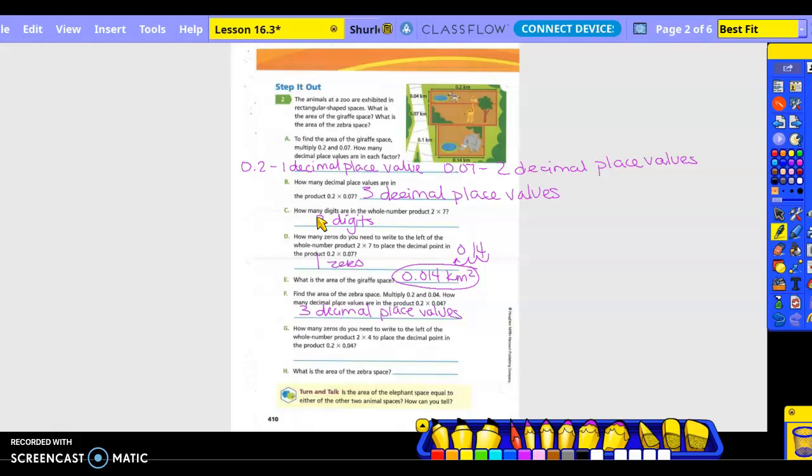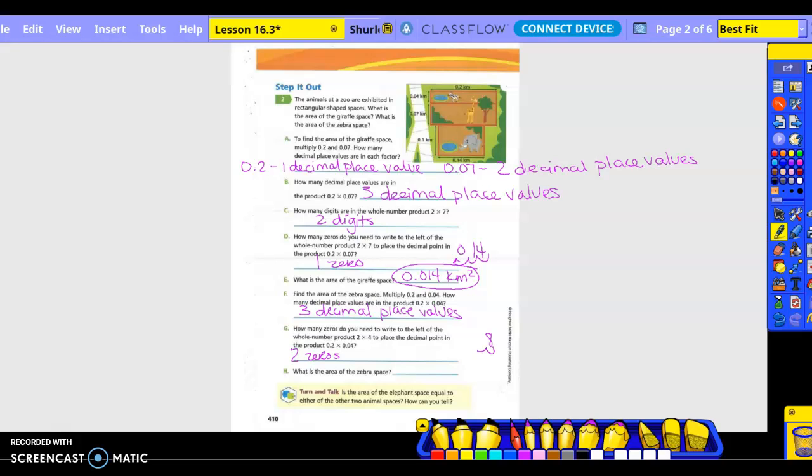How many zeros do you need to write to the left of the whole number product? So 2 times 4 is what? 8. That's a single digit, right? And we need 3. So how many zeros? So 2. Okay, so we're going to need 2 zeros. And then basically we said 2 times 4 is 8. And then we said how many decimal places do we need? 3, right?